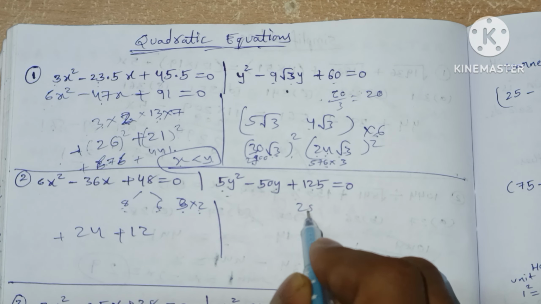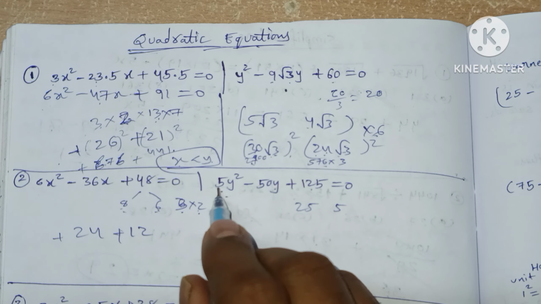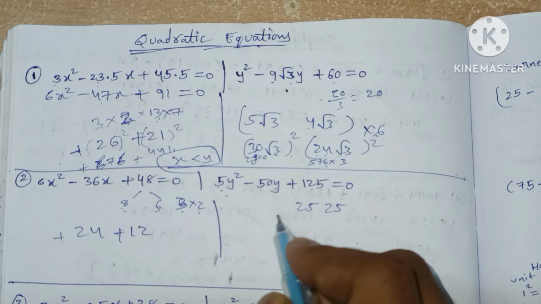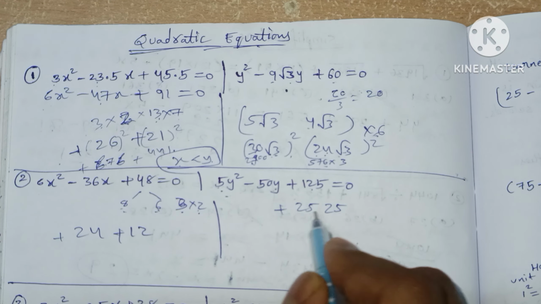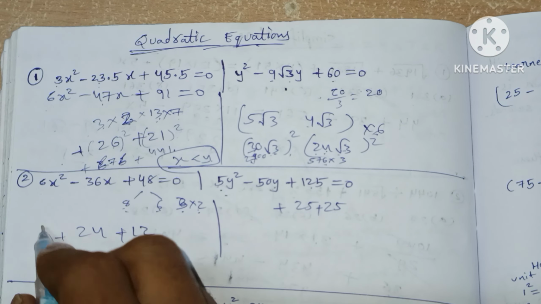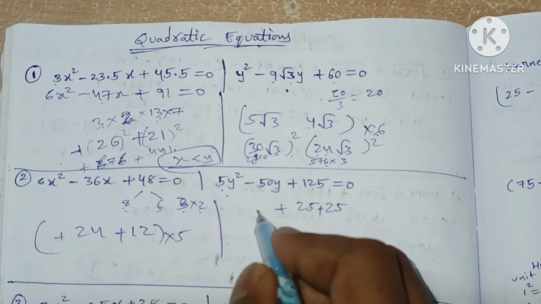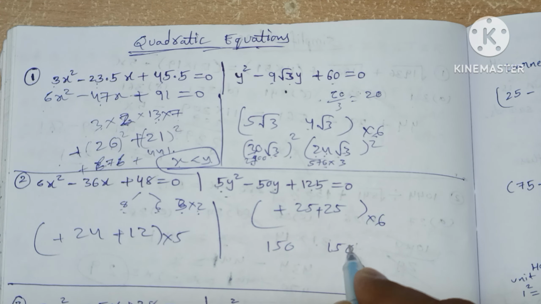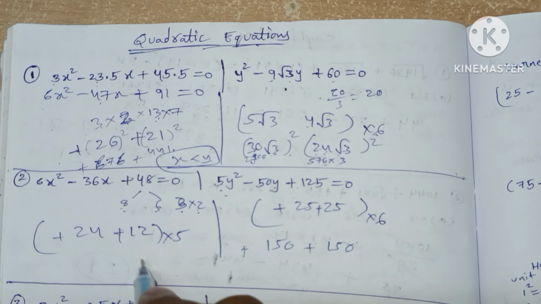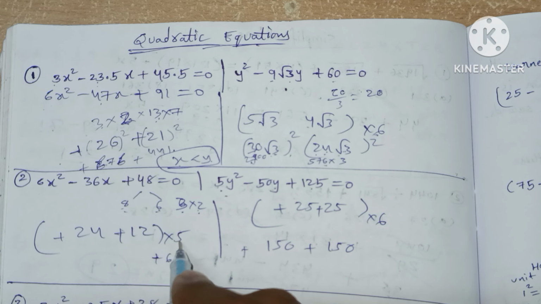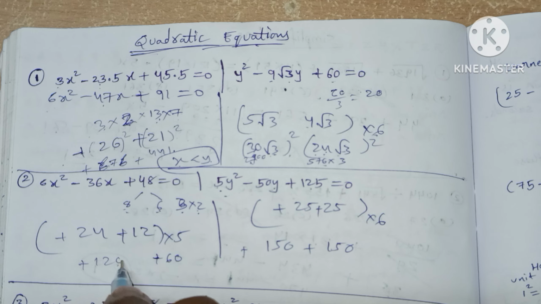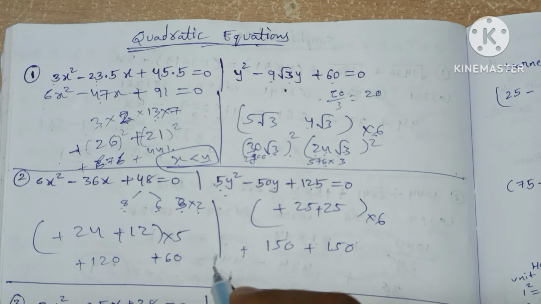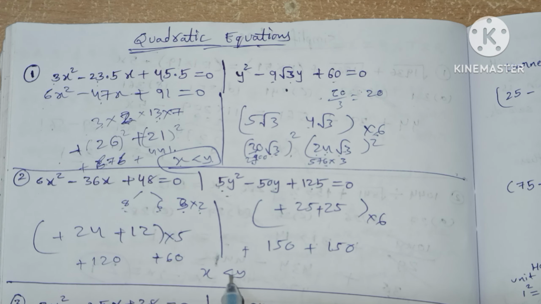This will be 25 5 times. Roots are positive. We need to make the base equal, so it is into 5 into 6. This will be 150, 150. Here it will be plus 60 and plus 120. So by comparing these two, x is lesser than y.